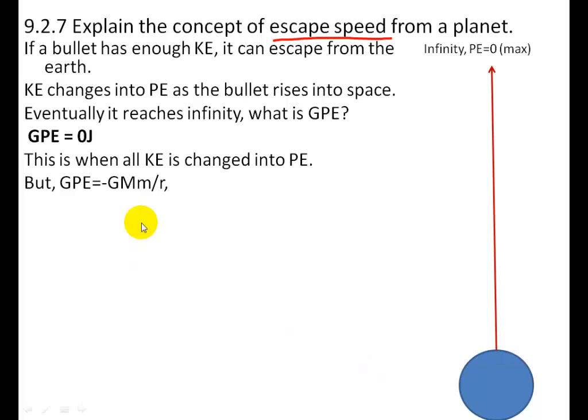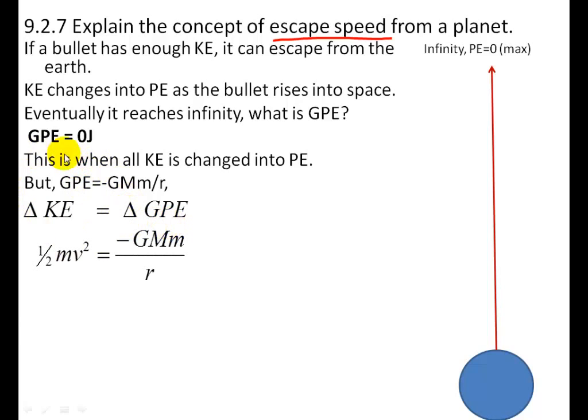But you know that the gravitational potential energy is also given by minus GMm over r. So when does all the kinetic energy turn into gravitational potential energy? When it goes from the surface of the Earth to infinity, that's when all the kinetic energy has been converted into GPE. Then it has just enough to get to infinity.